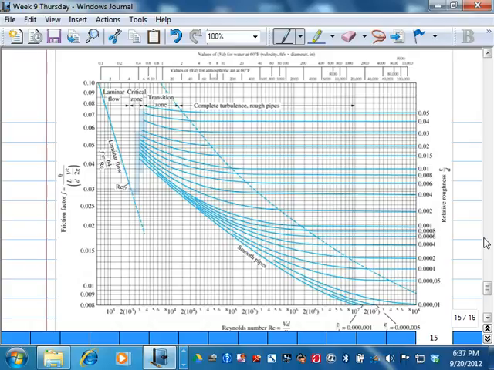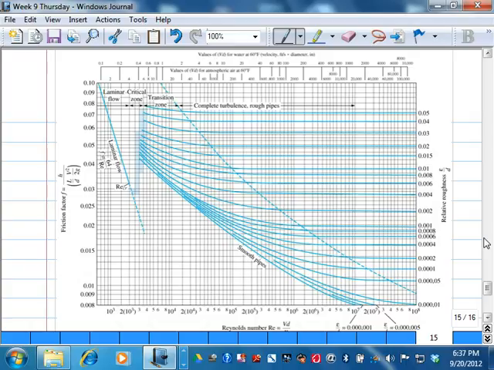So be careful, this one is logarithmic. And the Reynolds number axis is also logarithmic.